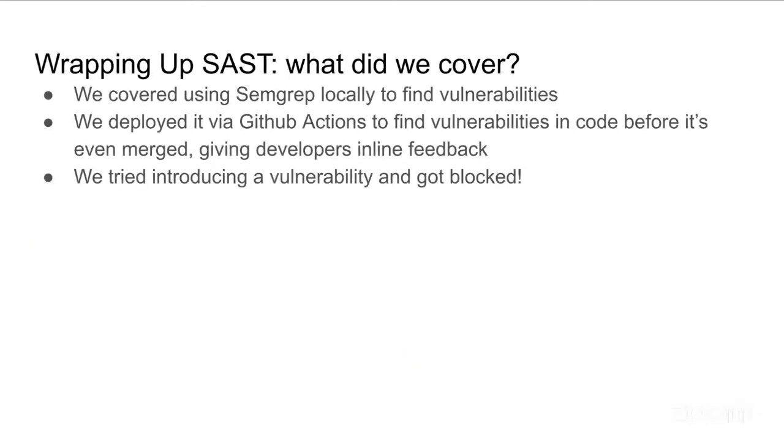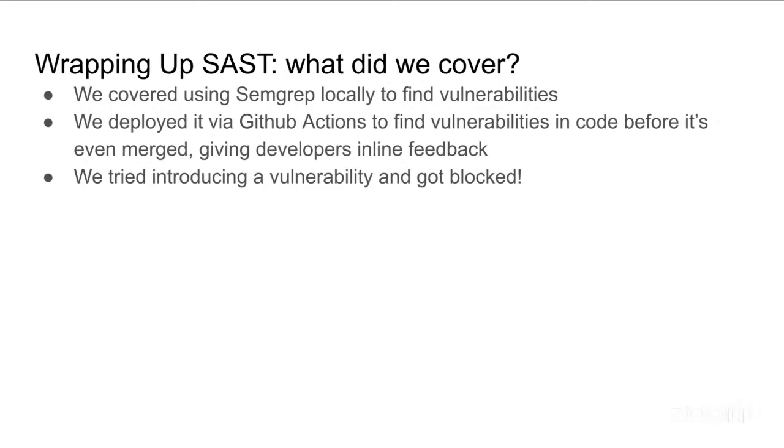So let's wrap up SemGrep. What we did is we used SemGrep to find vulnerabilities in the entire code base. We used SemGrep locally, but then once we confirmed that it works, we deployed it to production in our CI pipeline. Then we pretended to be a developer to try and introduce a vulnerability, and SemGrep stopped us. This is kind of an exercise of what SemGrep would look like if you deployed it in production.